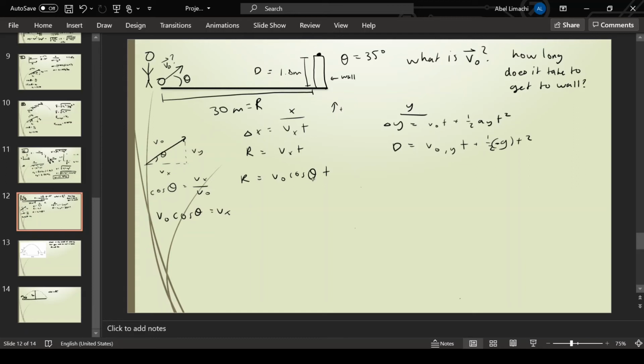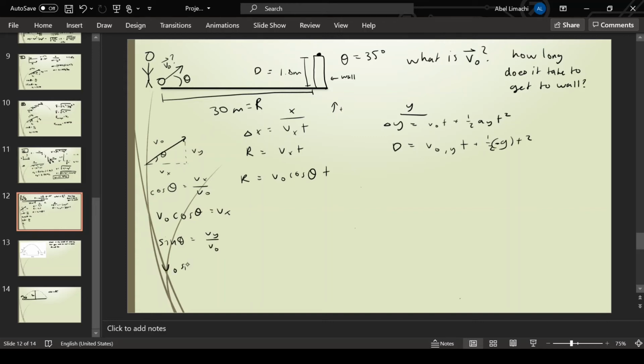The plan is now, if we solve for t here and plug it into here, we can solve for this v initial. This, again, is v initial in the y direction. This is vy, same thing. So we can rewrite the sine of this theta is equal to vy over v initial.